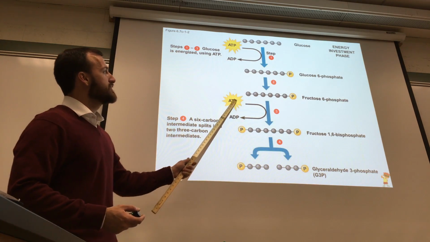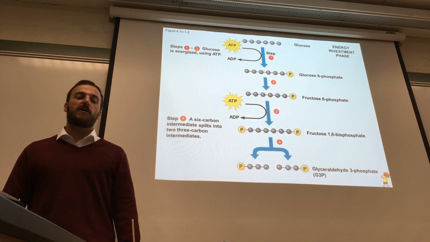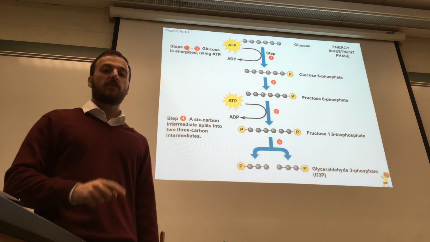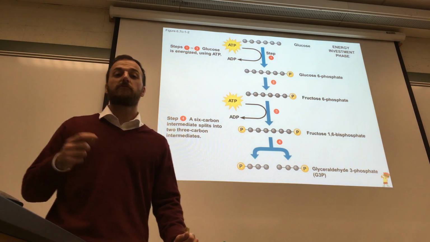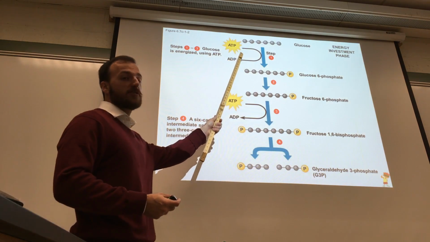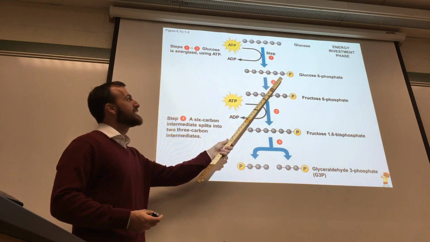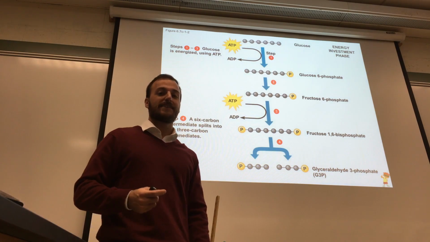So you'll see here in steps 1 and 3 that we are spending 1 molecule of ATP each, so that is 2 molecules of ATP that we are spending. Note that this phosphate group from our ATP is being tacked on to our intermediates here.